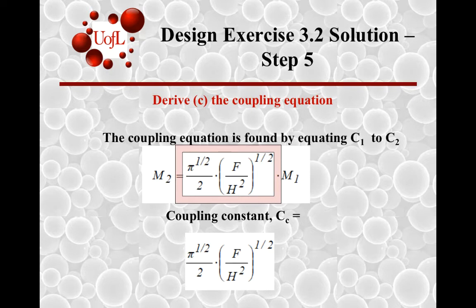But if you plot this M2 versus M1 in a log-log scale, you can account for different values of F by H square, given that the square root of pi by 2 is a constant. Then you can evaluate the consequences of different designs for different loads and different column heights without having to reconstruct the plots.